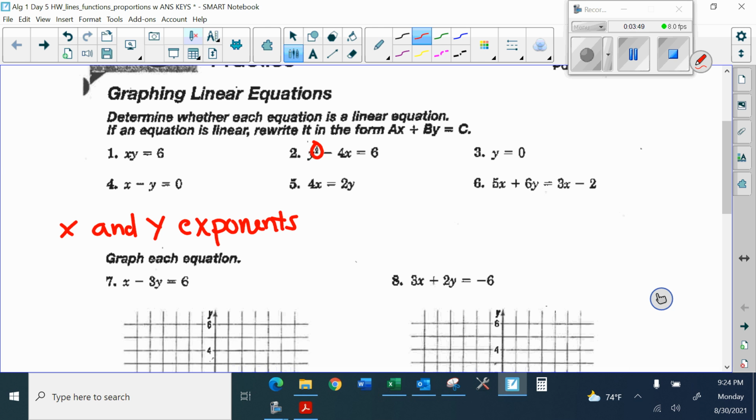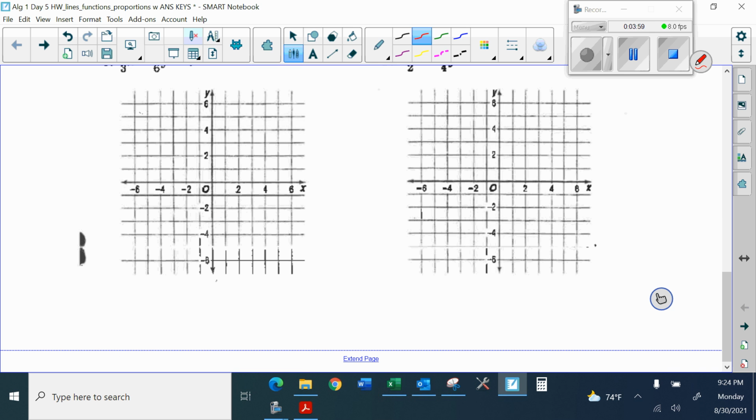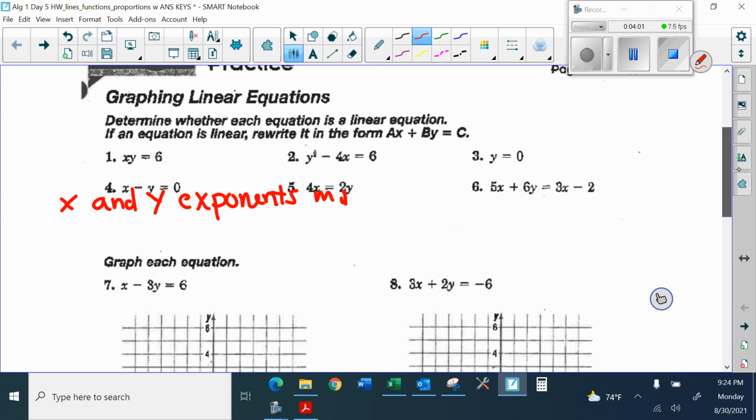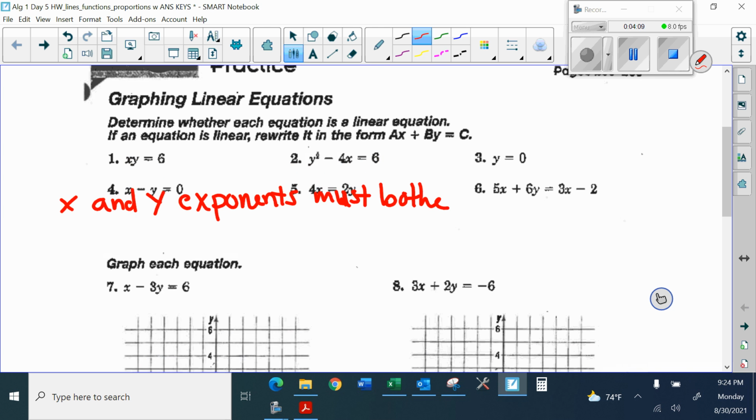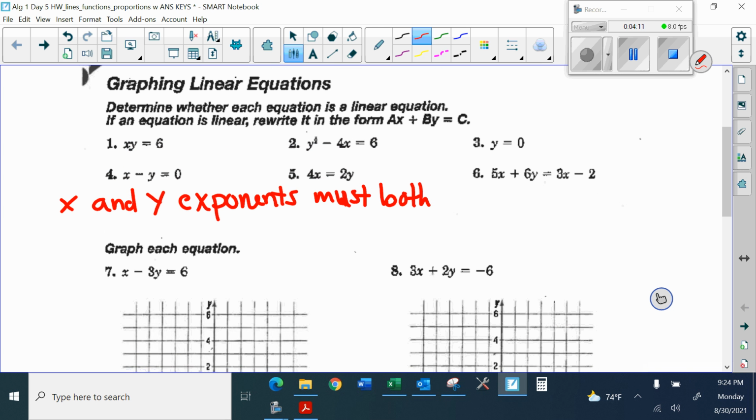That's a 2 there. Okay. So the x and y exponents must both be 1. Okay, so that's the first condition.